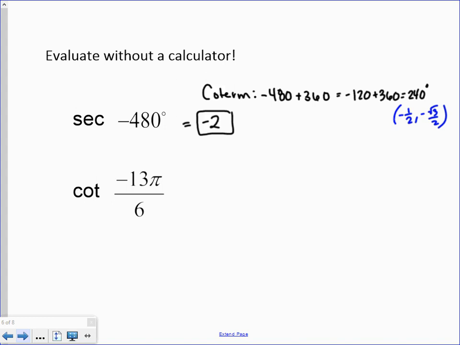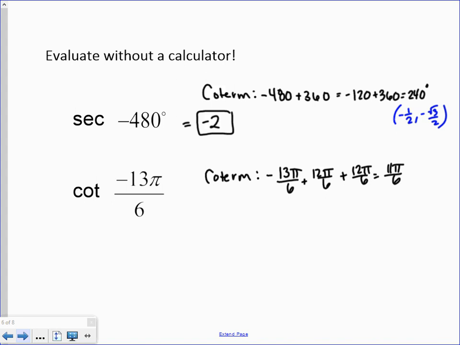For cotangent of negative 13 pi over 6, I would do the same thing. Do my coterminal work, so I'm going to add 2 pi, which is really 12 pi over 6. That gives me negative pi over 6. So I'm just going to add 12 pi over 6 again. That gets me to 11 pi over 6. I want mine to be between 0 and 2 pi because then that's an angle on the unit circle.